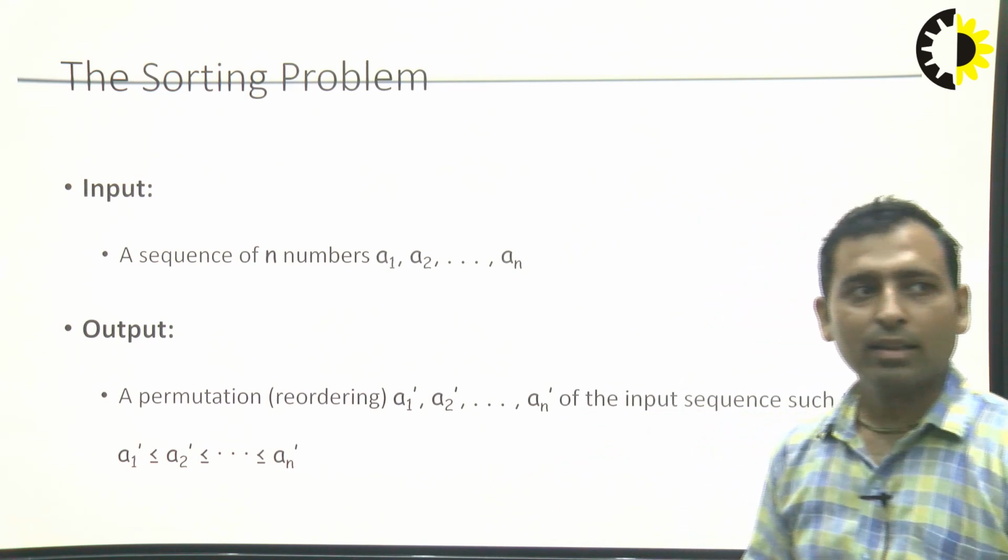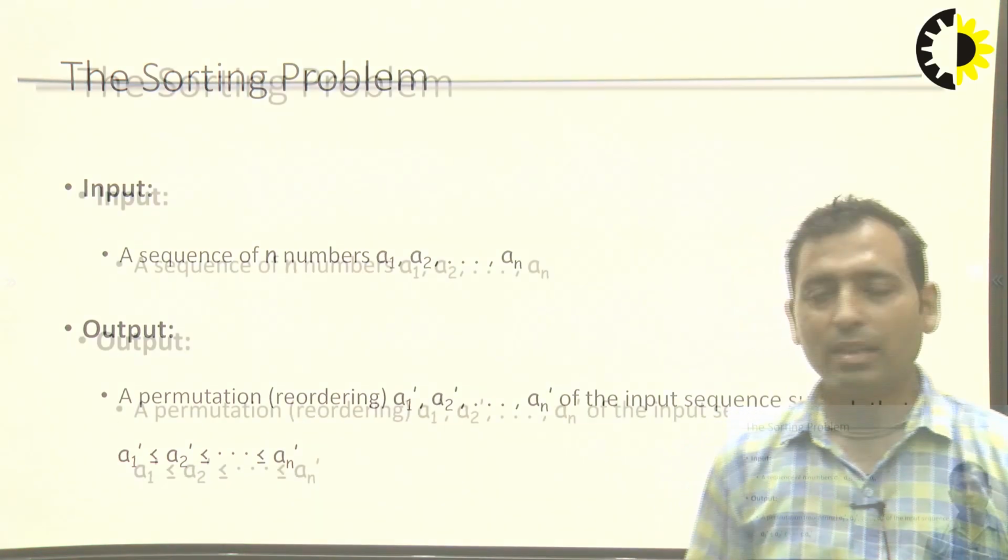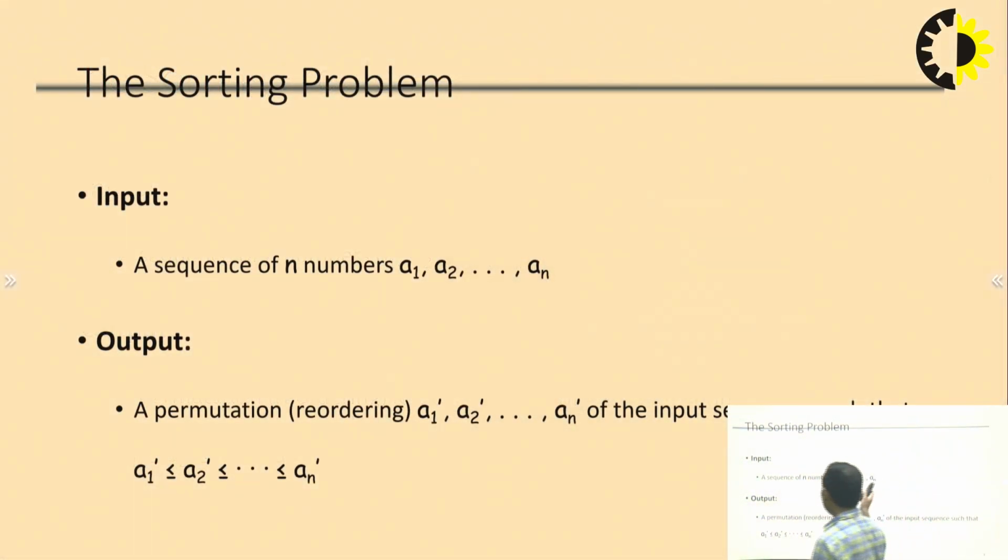In sorting there is an input sequence of n numbers, let's say a1, a2, a3 up to an. As an output we reorder these quantities and arrange these items in such a manner that a1 is less than or equal to a2, less than or equal to a3, and so on up to an.